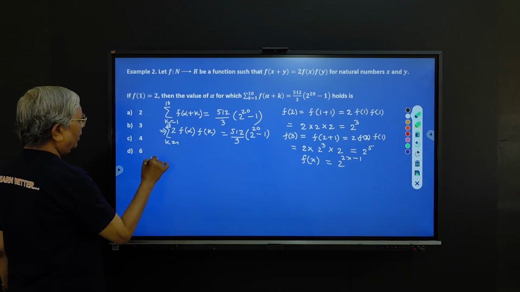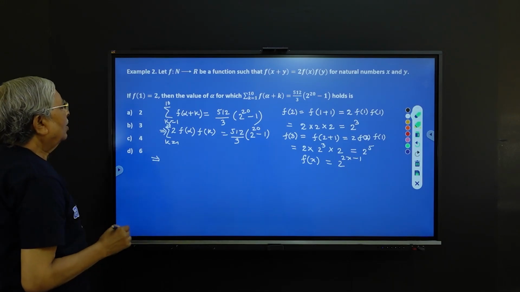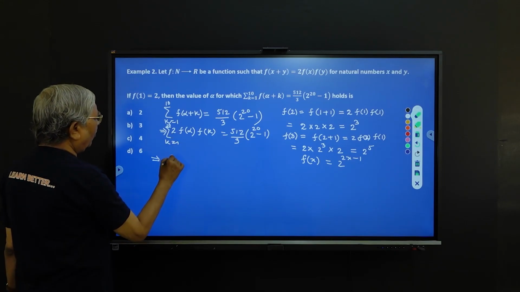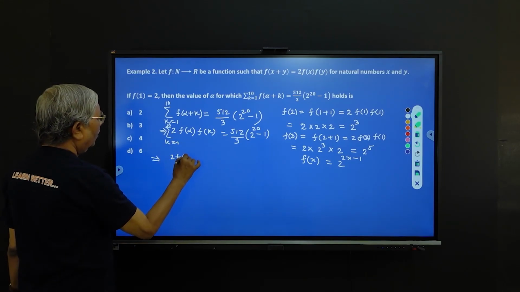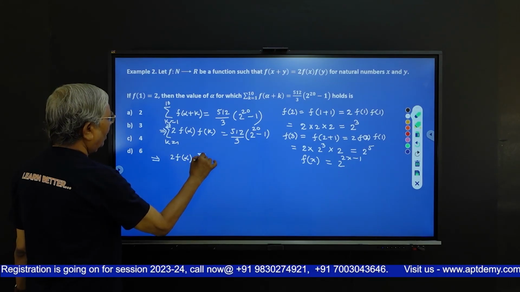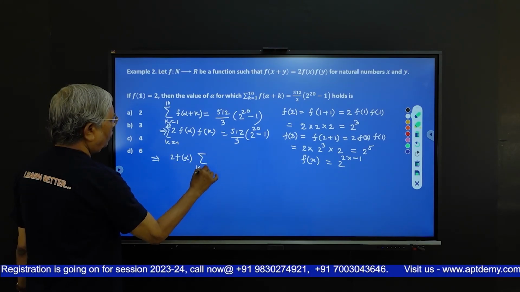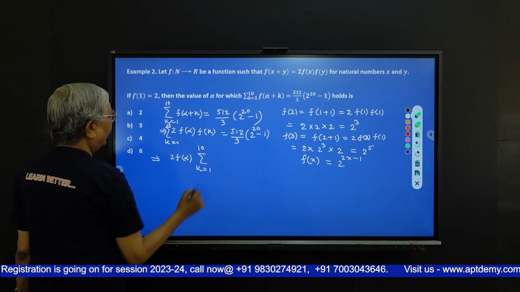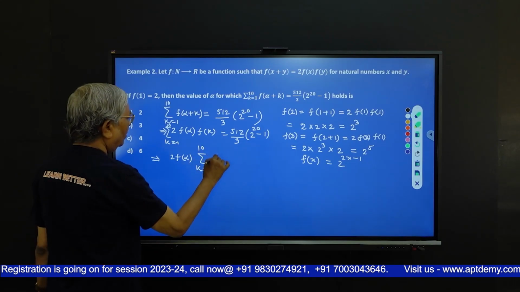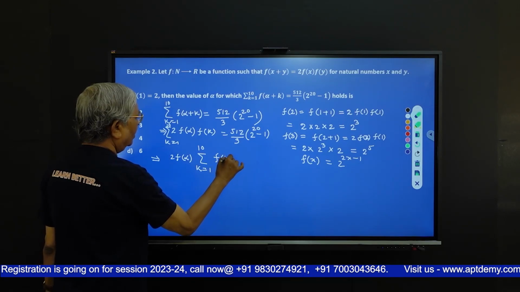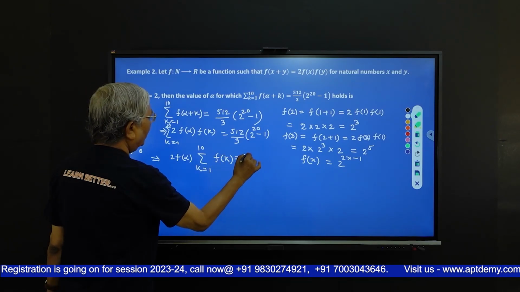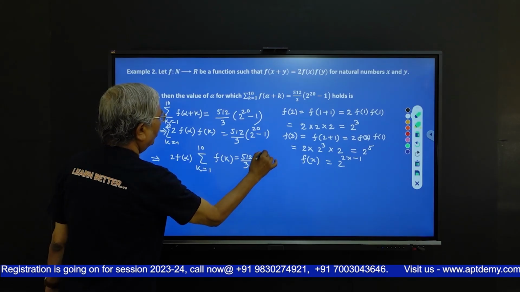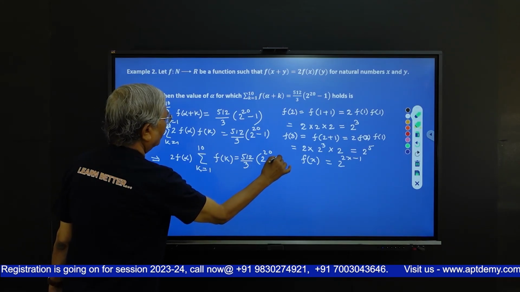This implies, this is the constant, so you can write 2 into f(α), then summation k equal to 1 to 10 of f(k). This is equal to 512 by 3 into (2 to the power 20 minus 1).